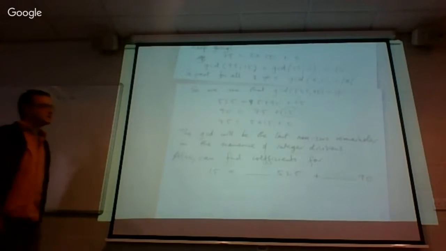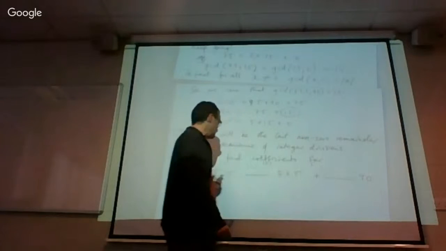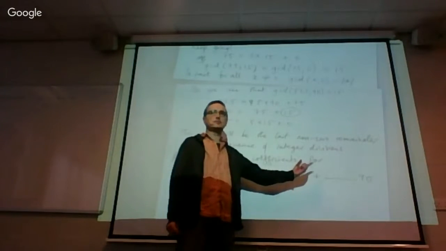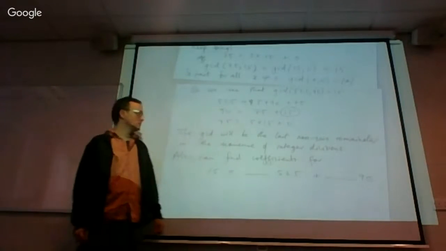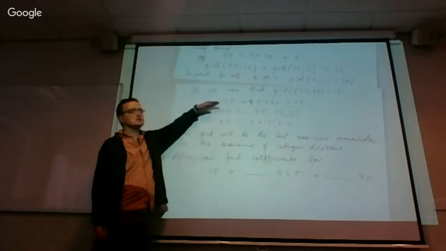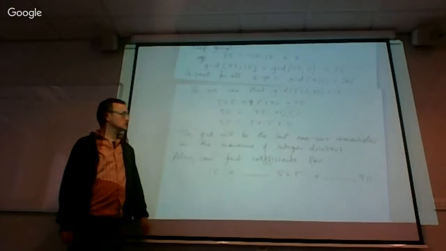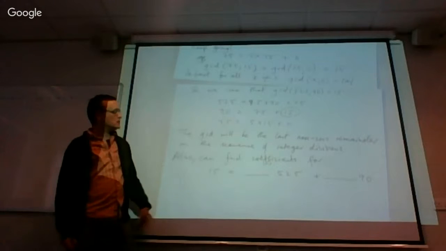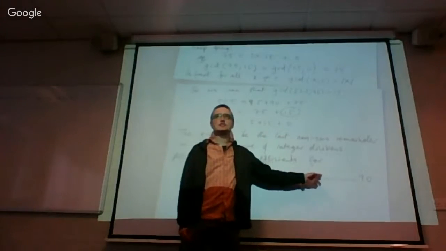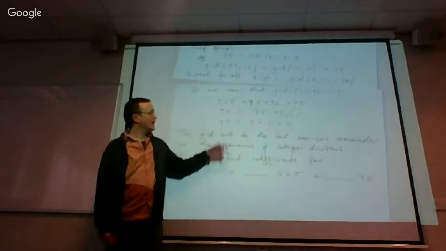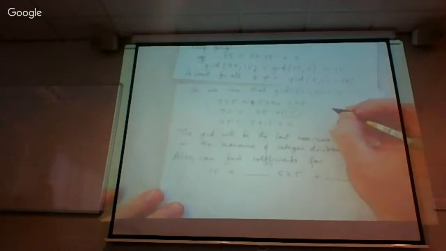So the greatest common divisor of 525 and 90, you should be able to write it as a linear combination. Did that say sequence? Sequence, yeah. Sequence of integer divisions, just a list of integer divisions. So the problem now is fill in these blanks, find these coefficients. And you get them from working backwards through the equations.